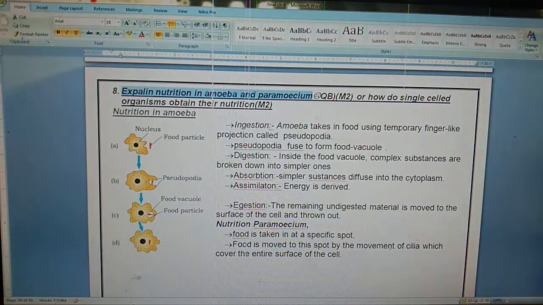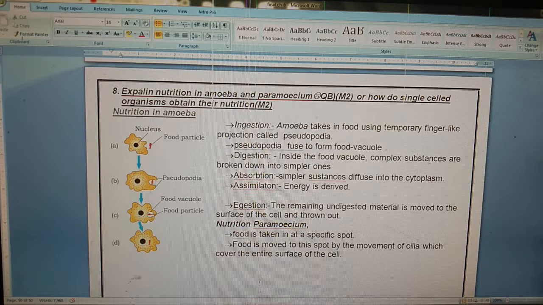Now let us read the answer. Mainly these 5 processes take place in heterotrophic nutrition: ingestion, digestion, absorption, assimilation and egestion. Ingestion: amoeba takes in food using a temporary finger-like projection called pseudopodia. This is the pseudopodia where it obtains the food. Next, digestion.